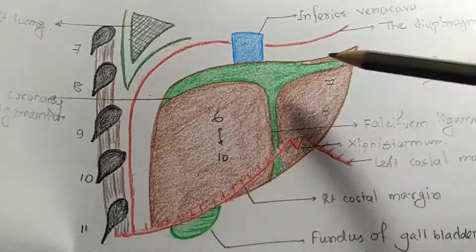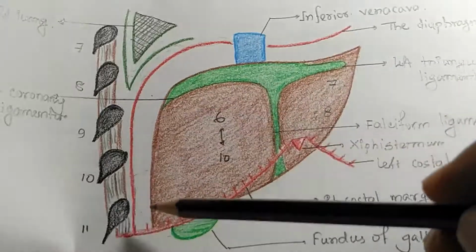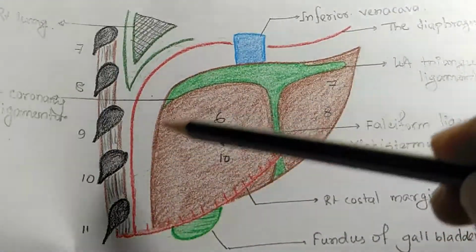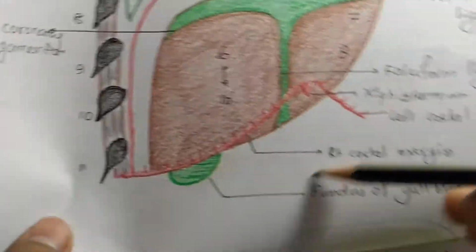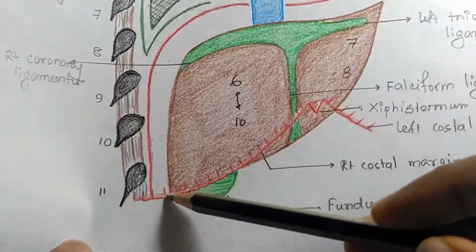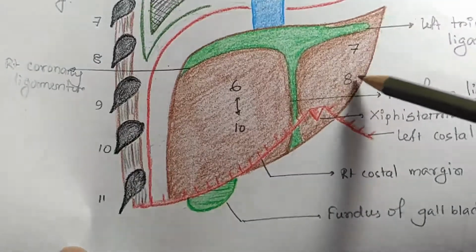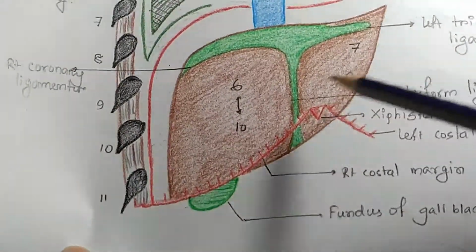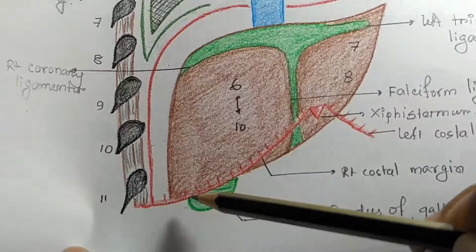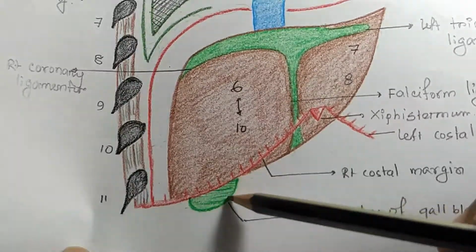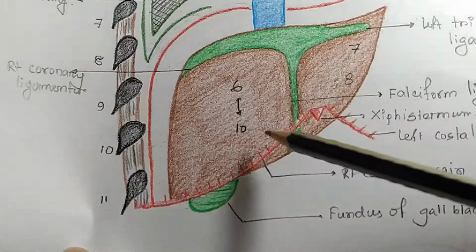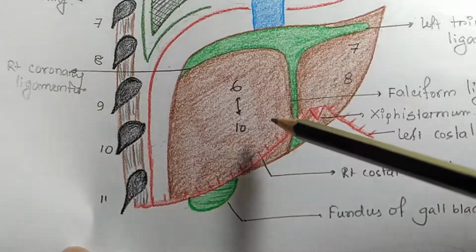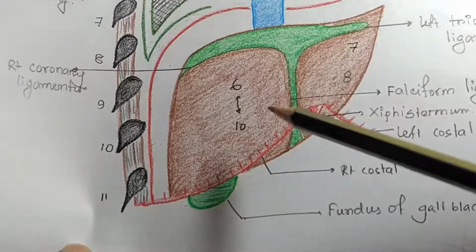Okay, and anatomically the liver is divided into right lobe and left lobe by the falciform ligament. Okay, and in the inferior surface, which is very sharp, that is the inferior border, which is very sharp, here is the fundus of the gallbladder, an accessory organ attached to the gallbladder fossa of the liver.